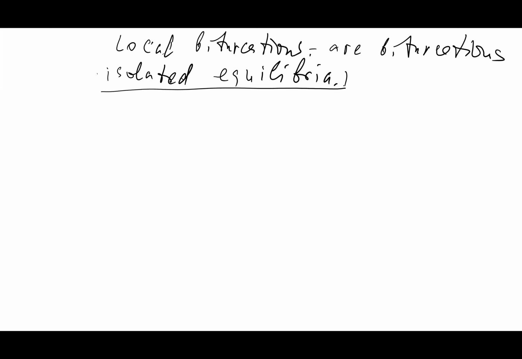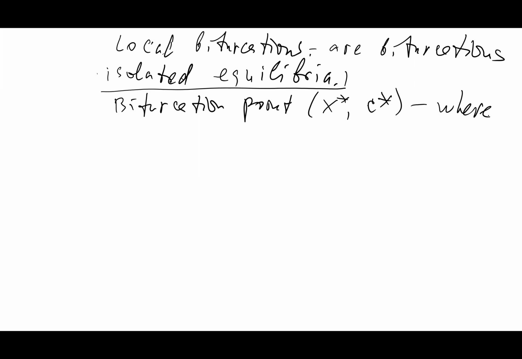Then what we found is that bifurcations are bifurcation points. A bifurcation point is given by a value of the variable and a value of the parameter where a bifurcation takes place.